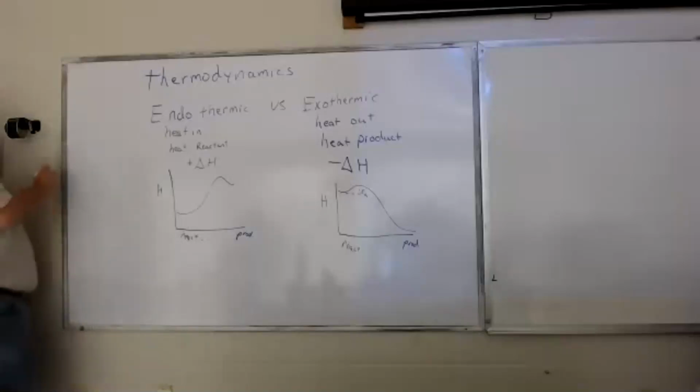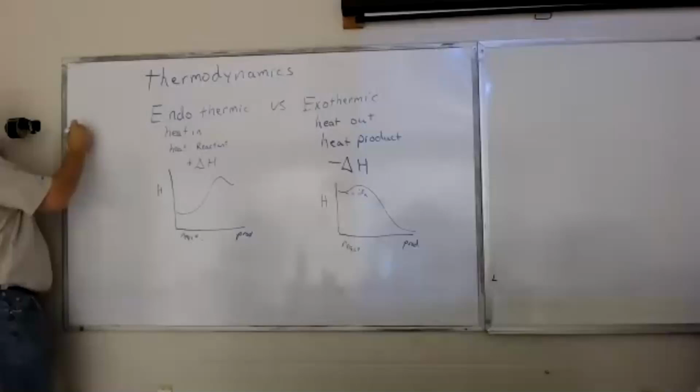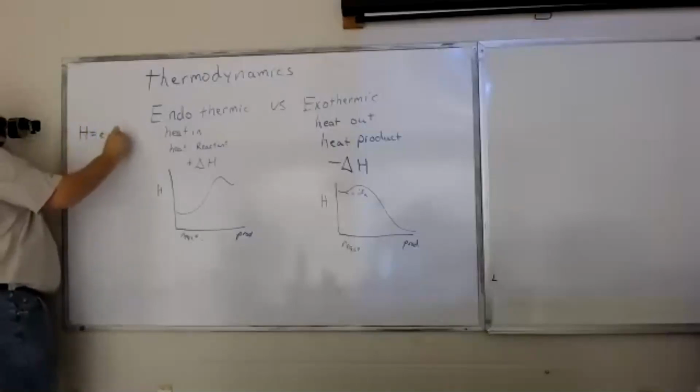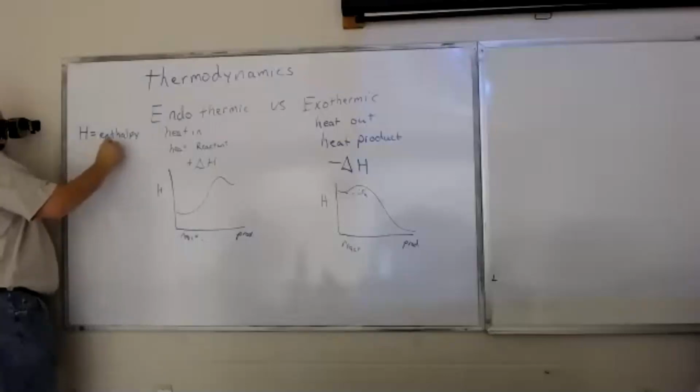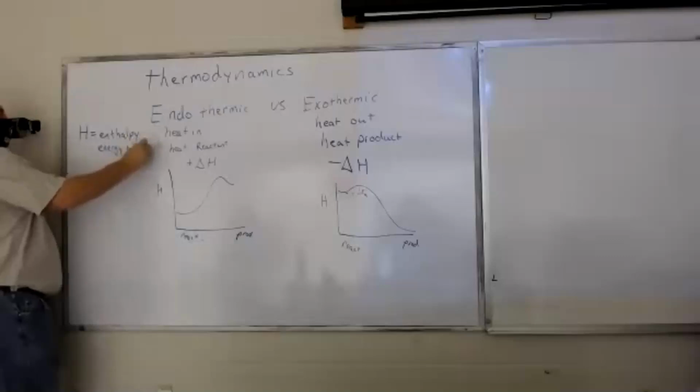So let's define some of my terms that I'm using in these things a lot. So H is enthalpy, which is a nice way of thinking about it. It's the energy trapped in the bond.